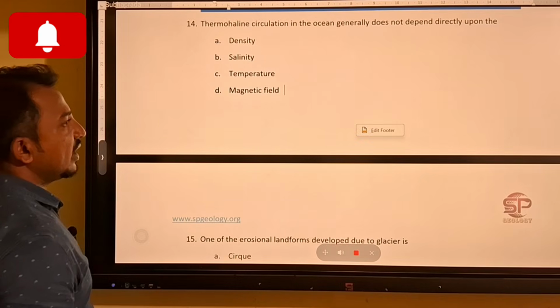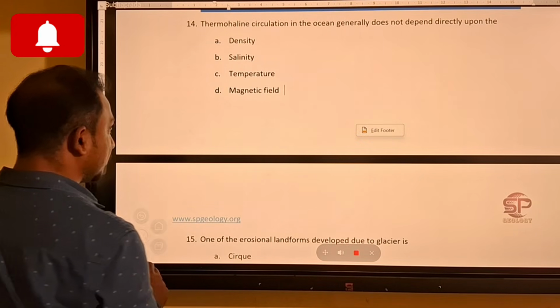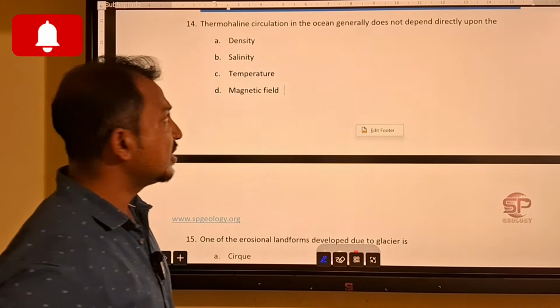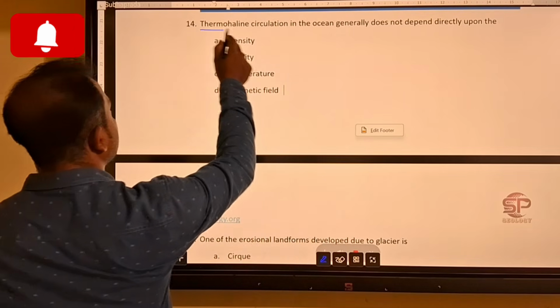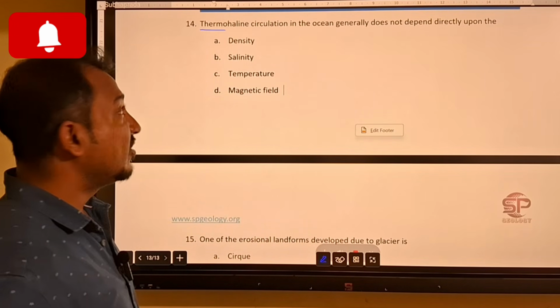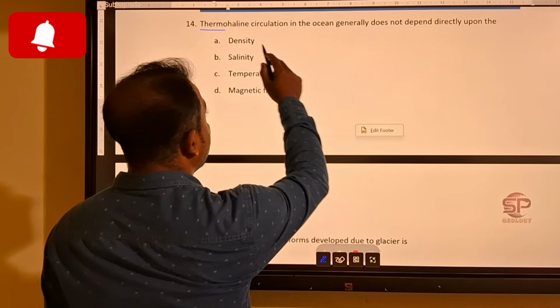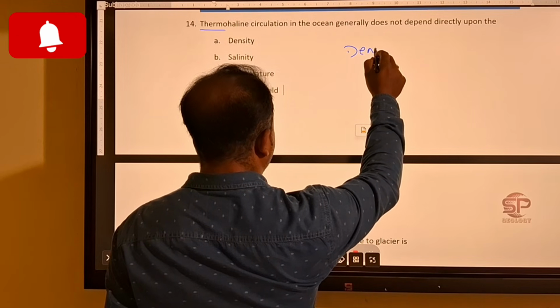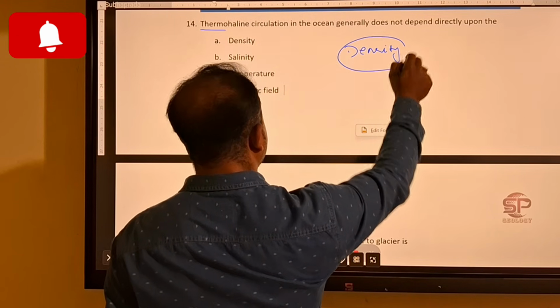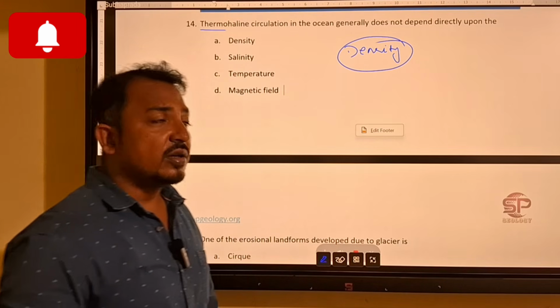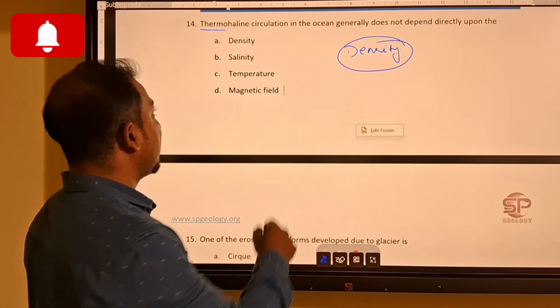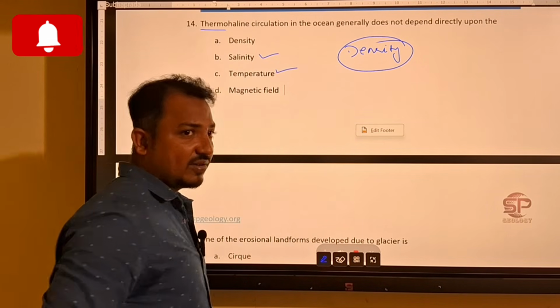Then come to thermohaline circulation. Thermo means temperature, haline means salinity. So thermohaline circulation basically depends on density. Indirectly, the density is affected by salinity and temperature.